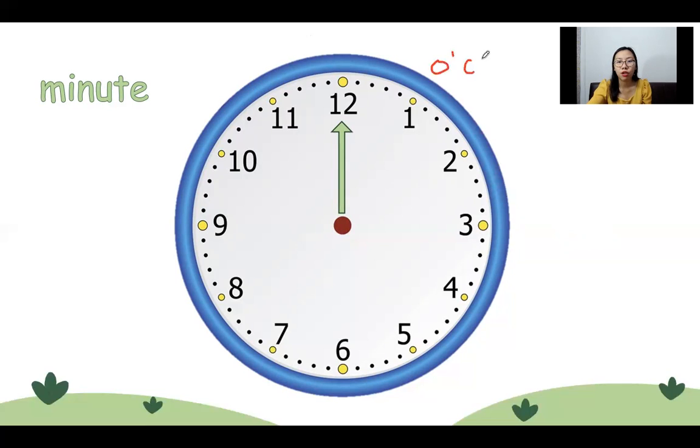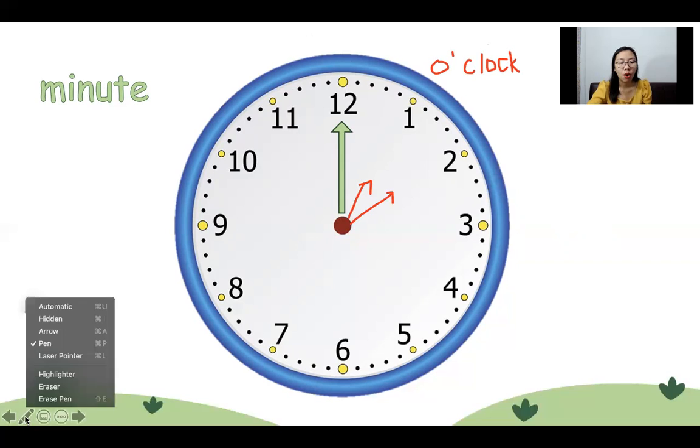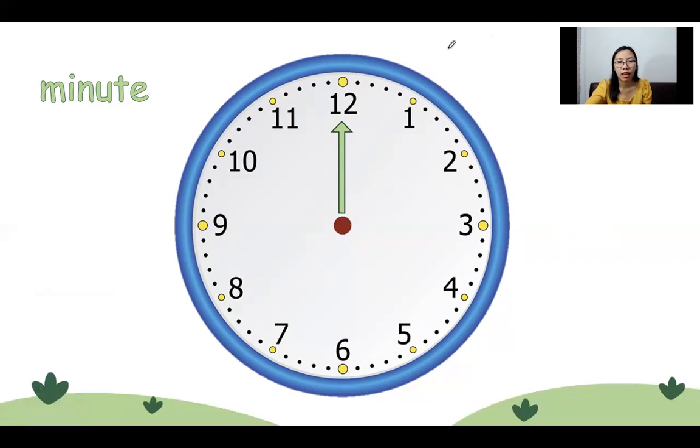All right, if the long hand points at 12, we say o'clock. So for example, the short hand points at 1. So we say 1 o'clock. Short hand points at 2. 2 o'clock. O apostrophe clock.